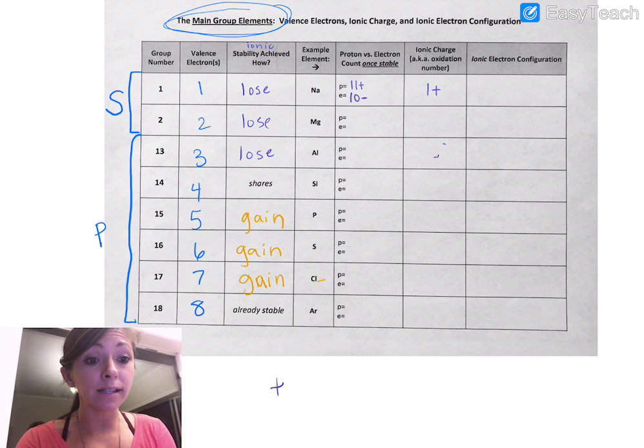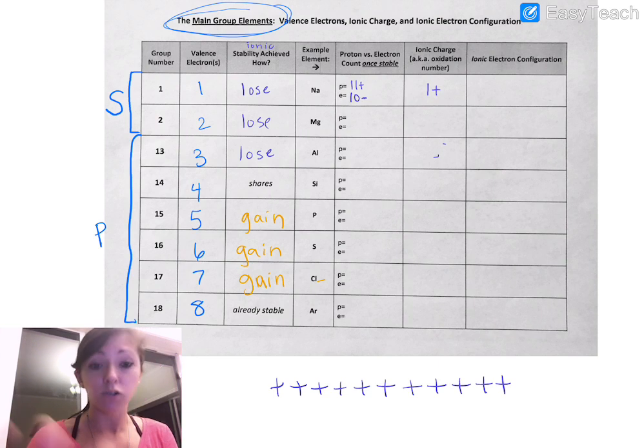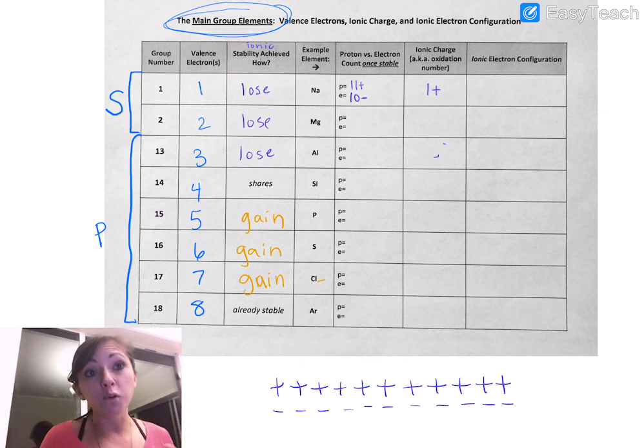All right, so basically that's saying sodium has 3, 4, 5, 6, 7, 8, 9, 10, 11 protons total in the nucleus, and then 11 total electrons in the electron cloud. Well, in order to have a full valence, in order to have 8 valence electrons, sodium loses this to become stable.